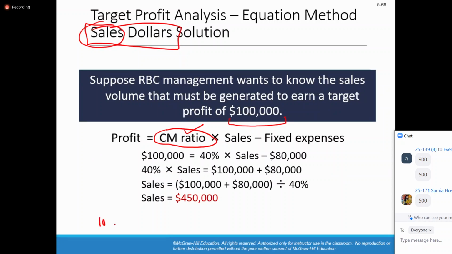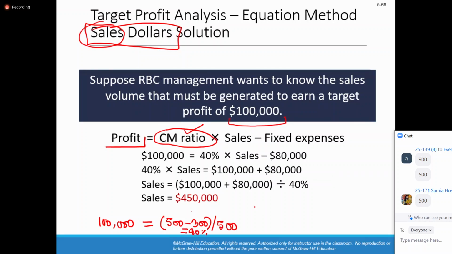If our selling price is 500, variable expenses 300, and I divide the per unit contribution margin of 200 by our selling price, we get 40%.